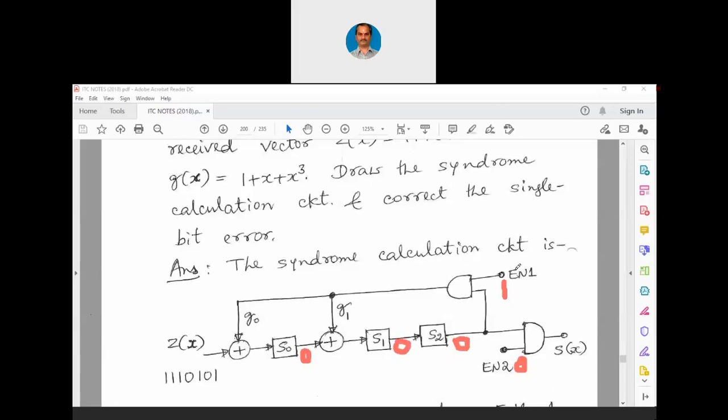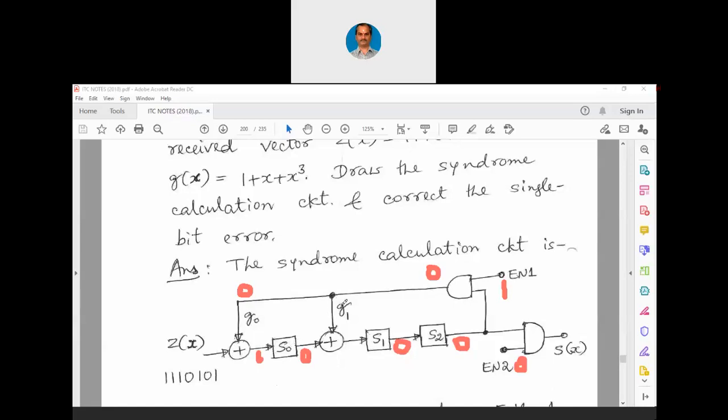Now when enable 1 is 1, S2 output is 0. So here output is 0. When this is 0, this 0 is coming here. And 0 XOR 1, output of the XOR gate is 1. That means the present input of S0 is 1.